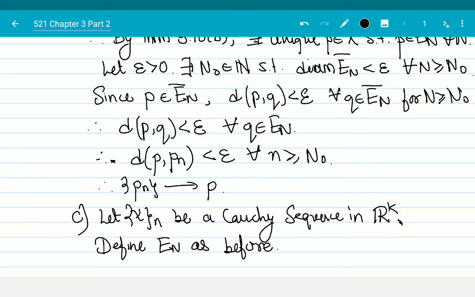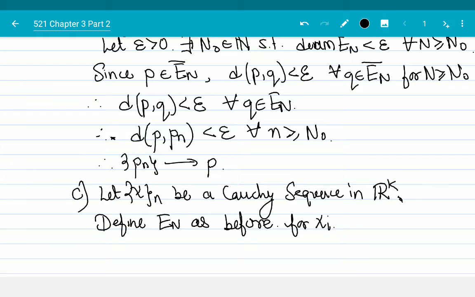Okay. For xi. Then for some n, the diameter of En is smaller than or equal to 1.